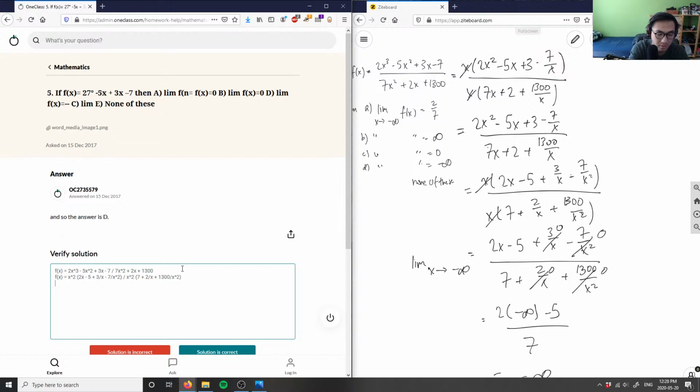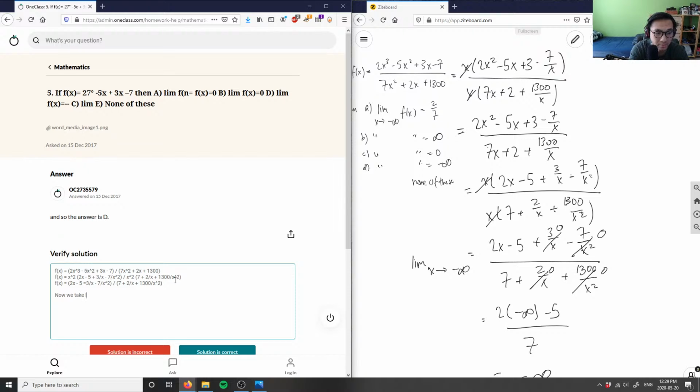And again, the x squareds cancel out, so I'm left with 2x minus 5 plus 3 over x minus 7 over x squared, with brackets here, divided by 7 plus 2 over x plus 1300 over x squared.